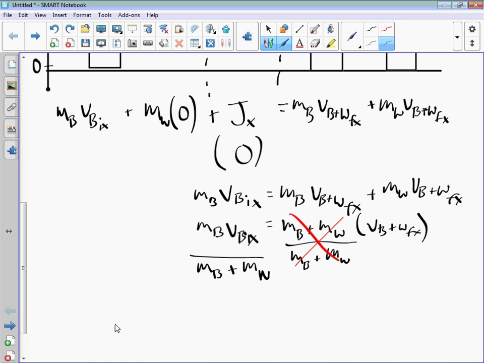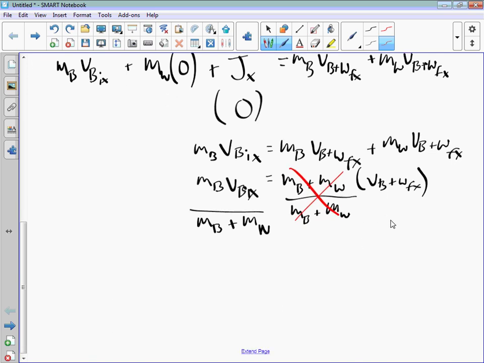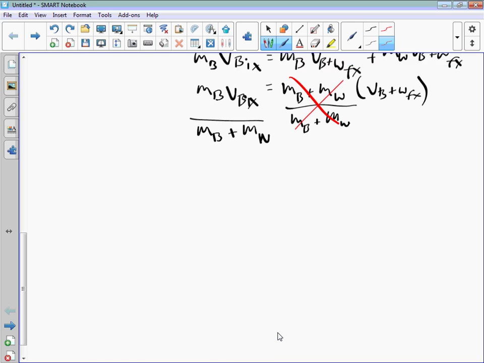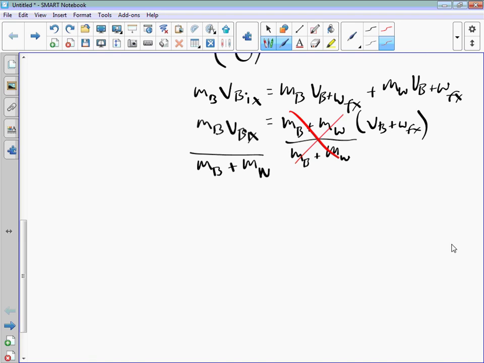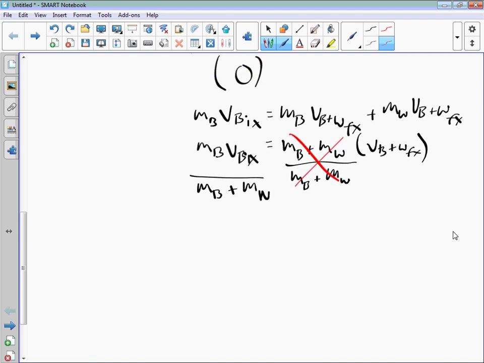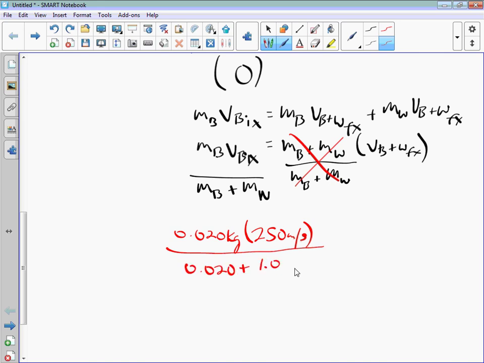So, to find the velocity of the bullet and the wood final in the x direction, we would need all this stuff: mass of bullet, initial velocity, and those masses. When we have all that, we can say mass of bullet was 0.020 kilograms times velocity of bullet initial was 250 meters per second over the mass of the bullet plus the mass of the wood, 0.020 plus 1.0, both in kilograms.